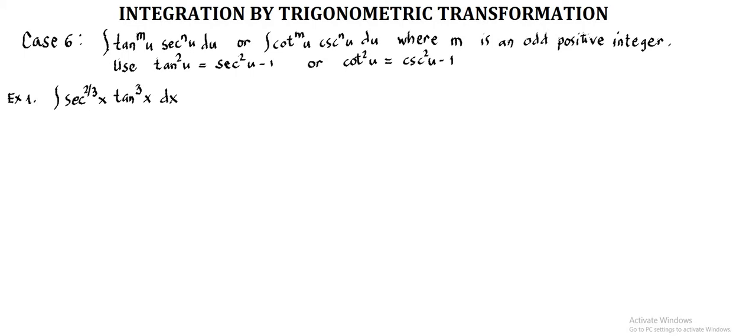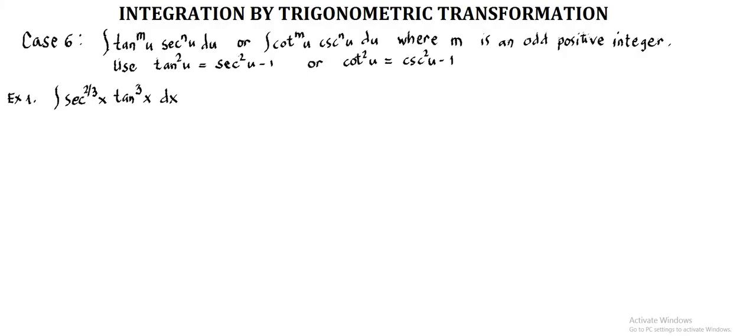Mga transformations natin kailangan, tangent squared u equals secant squared u minus 1, or cotangent squared u equals cosecant squared u minus 1.